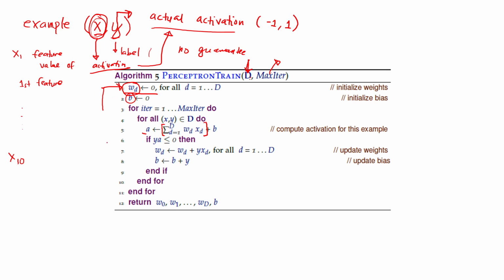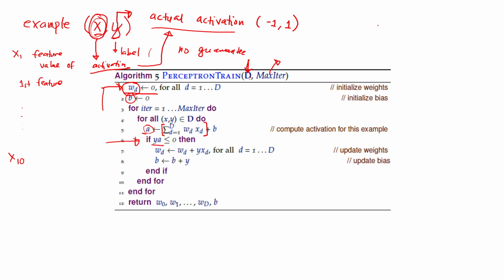A simple trick to know whether we got the correct activation or not is just to multiply the activation we got by the actual activation, and if we get a positive, then we would know that we got the correct activation.